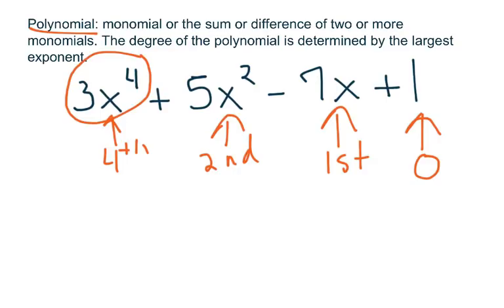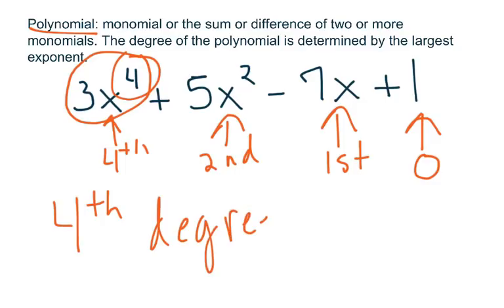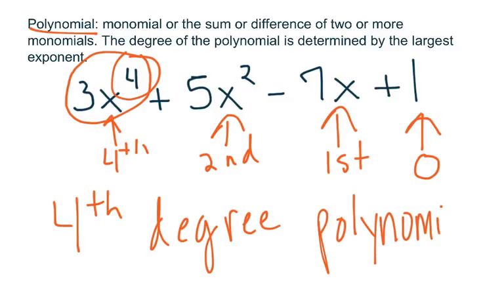Together, all of these make what's called a polynomial. So we classify this according to its highest degree. So in this case, the 4 is the highest exponent. So this polynomial is a 4th degree polynomial. Let's keep going.